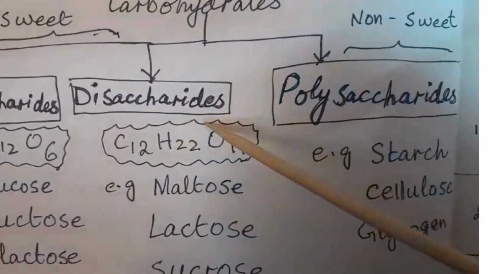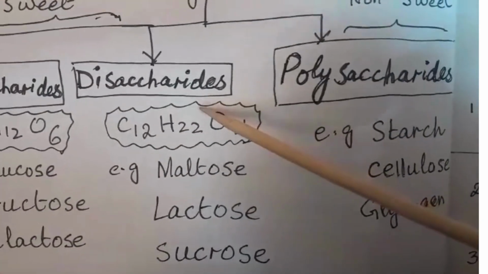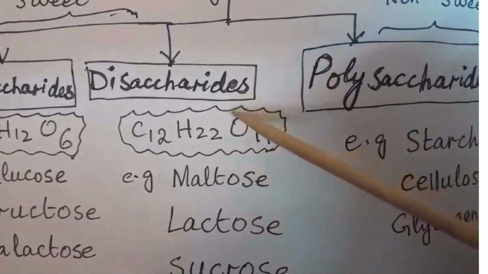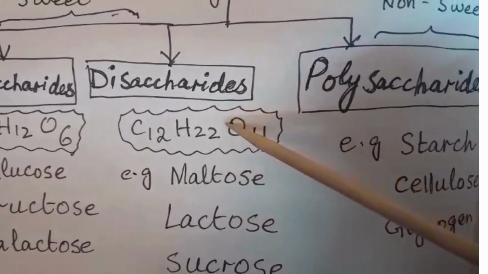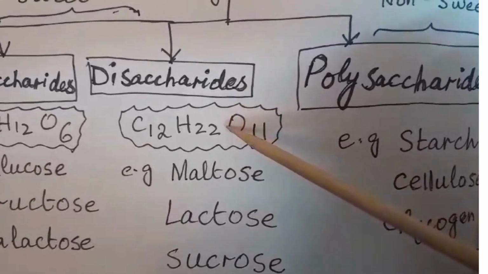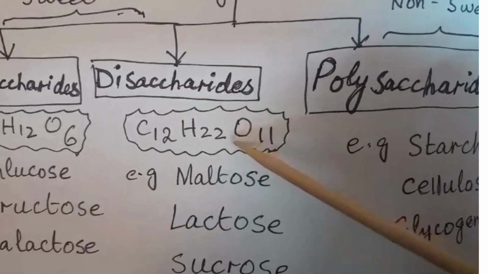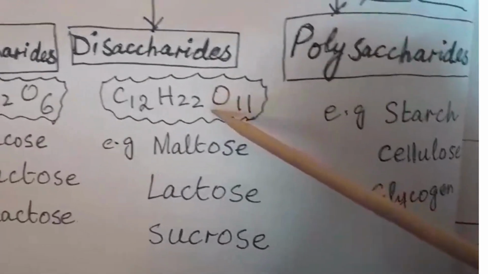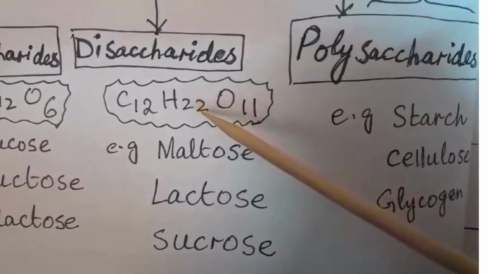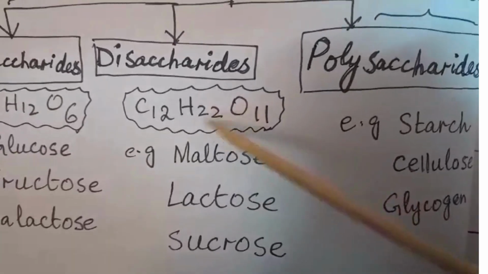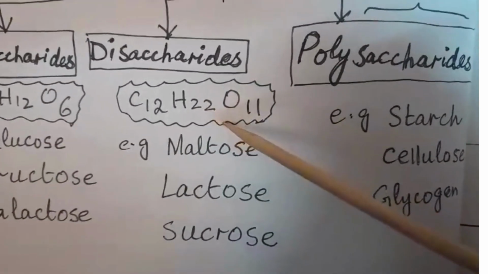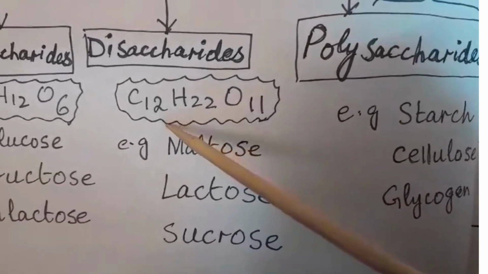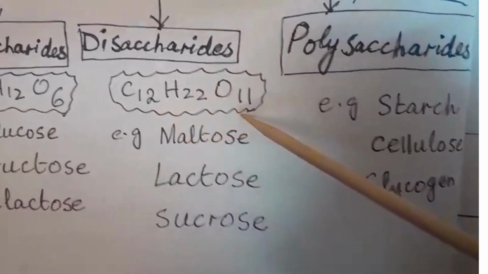Then we have disaccharides, and some people classify them as oligosaccharides. That means the carbohydrates which on hydrolysis separate into 2 to 10 simple sugars. So disaccharides means two simple sugars, with the molecular formula C12H22O11.